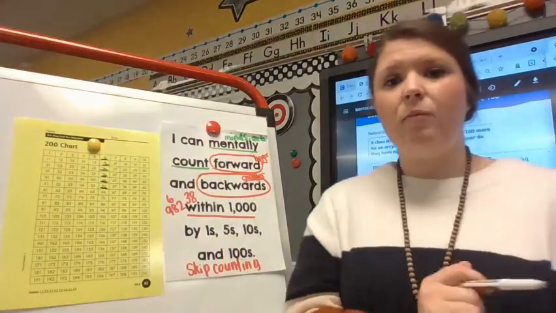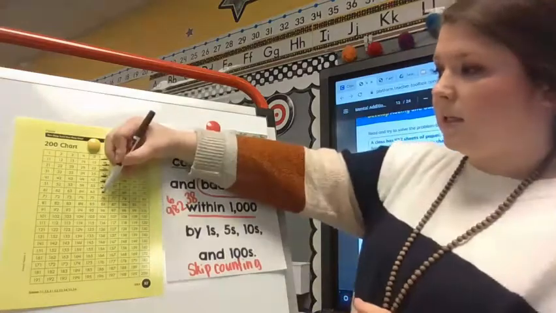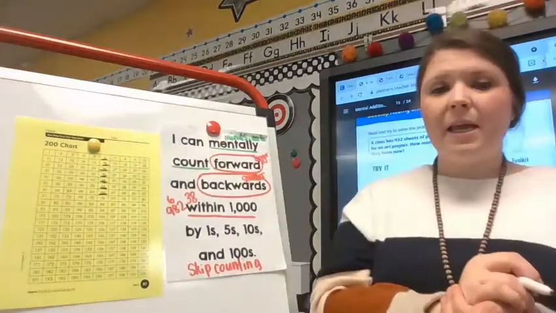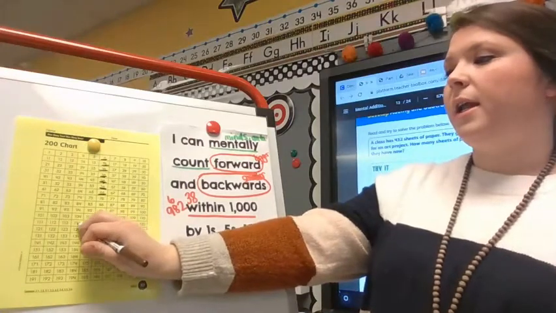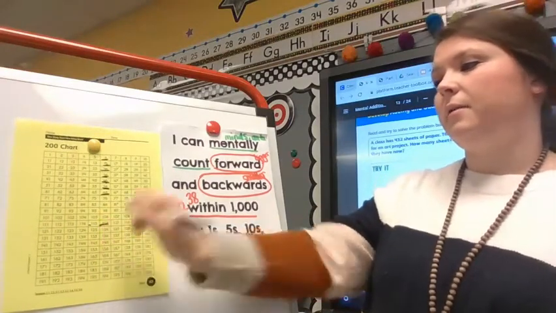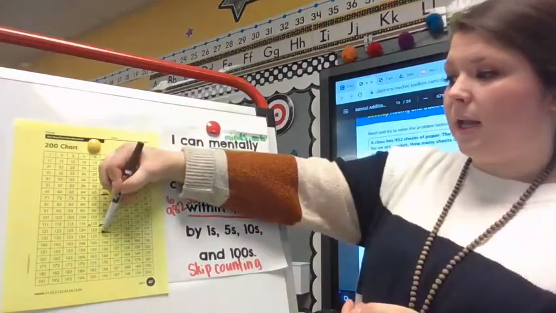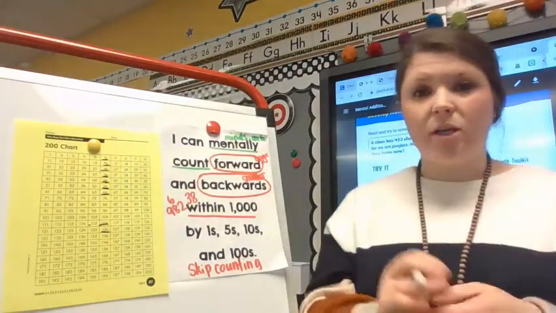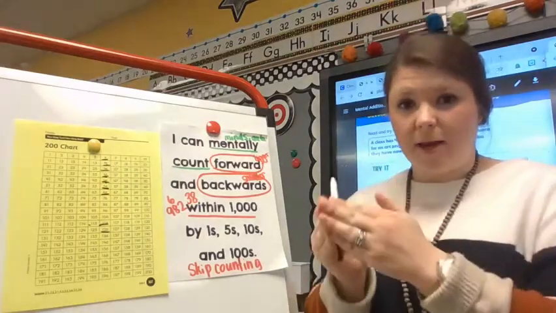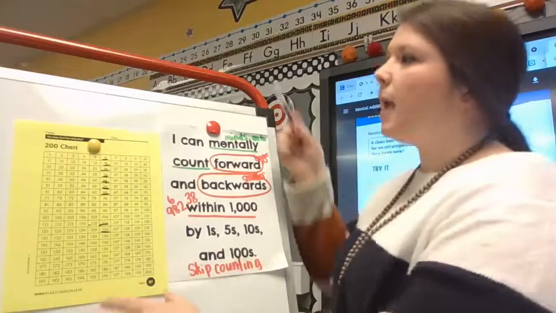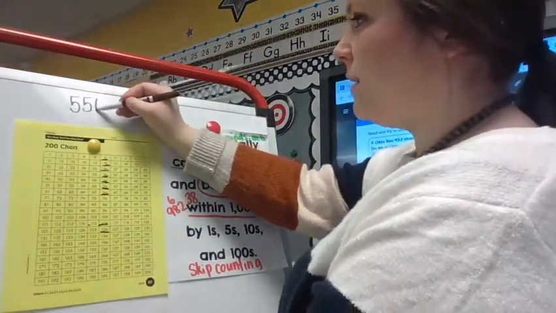So what is 10 more than 56? 66. All right, what's 10 more than 116? 126. Great job. So if we're starting with 6 and counting by tens, let's look at the number 556.